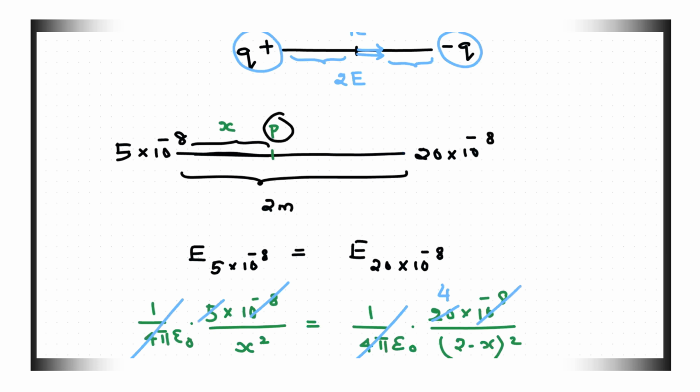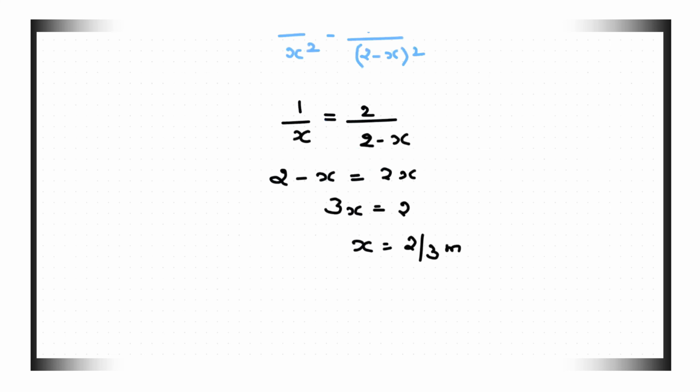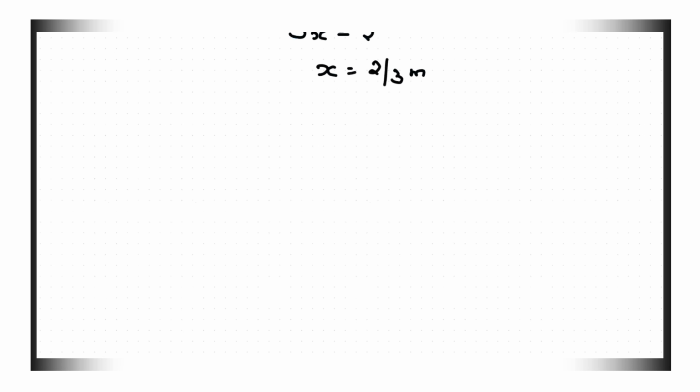But what if it is potential? See children, if it is potential, for example, I'm keeping 3 into 10 raised to minus 8 coulomb, separated from minus 2 into 10 raised to minus 8 coulomb. The distance between them is taken as 15 centimeter.